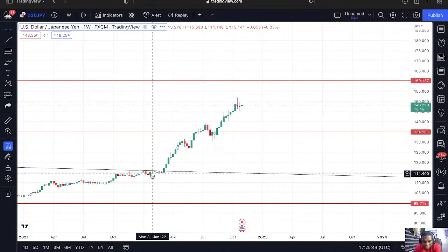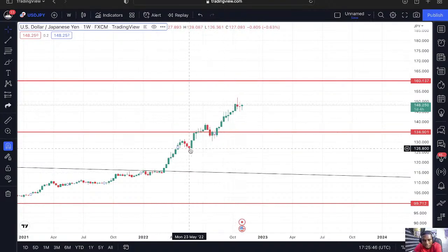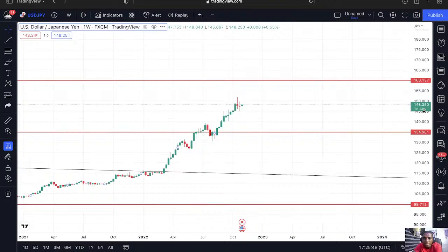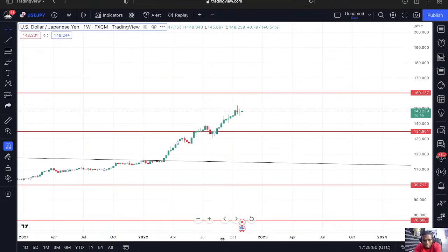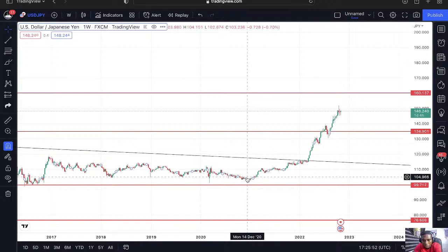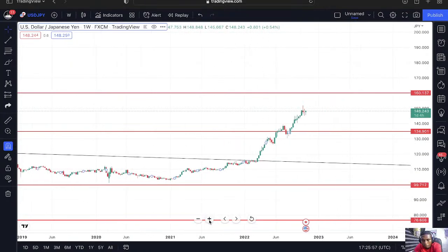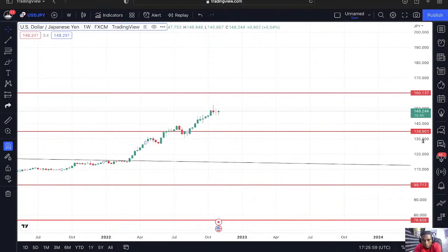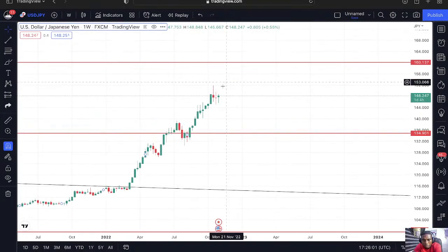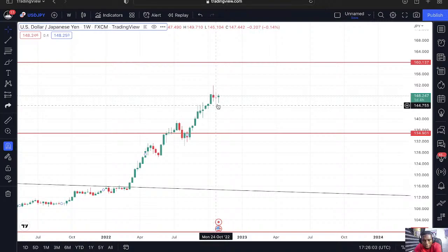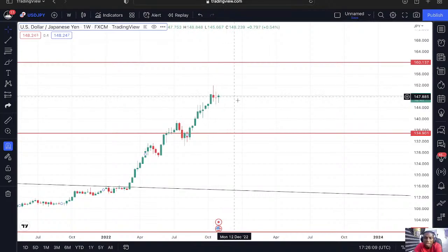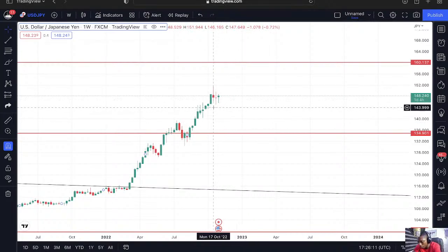We can see that there has been a consistent uptrend for a while now. The market has been in an uptrend for a while, and here we can now see a doji candle. This doji candle is a symbol of equilibrium.